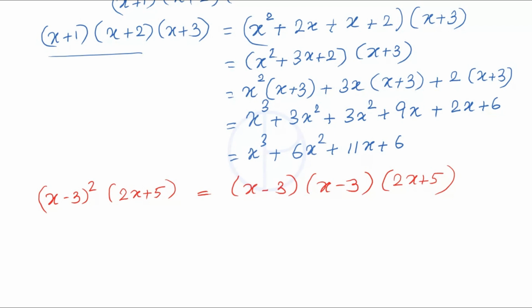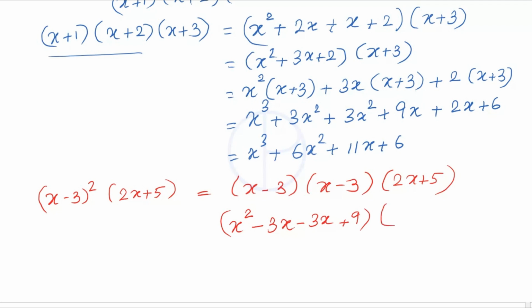Be careful with the signs. Let's multiply the first two brackets. So x multiplied by x is x squared. Then x multiplied by negative 3 is negative 3x. Then negative 3 multiplied by x is negative 3x. Negative 3 multiplied by negative 3 is positive 9.